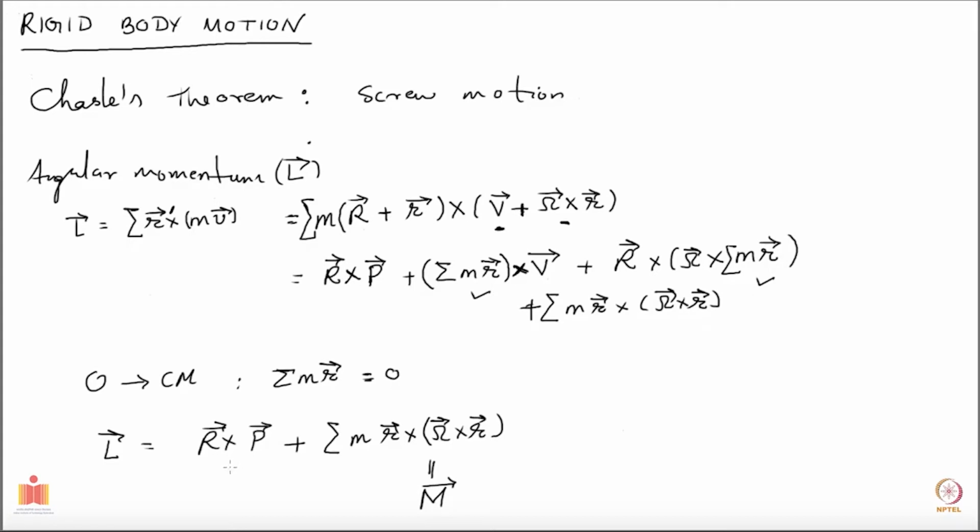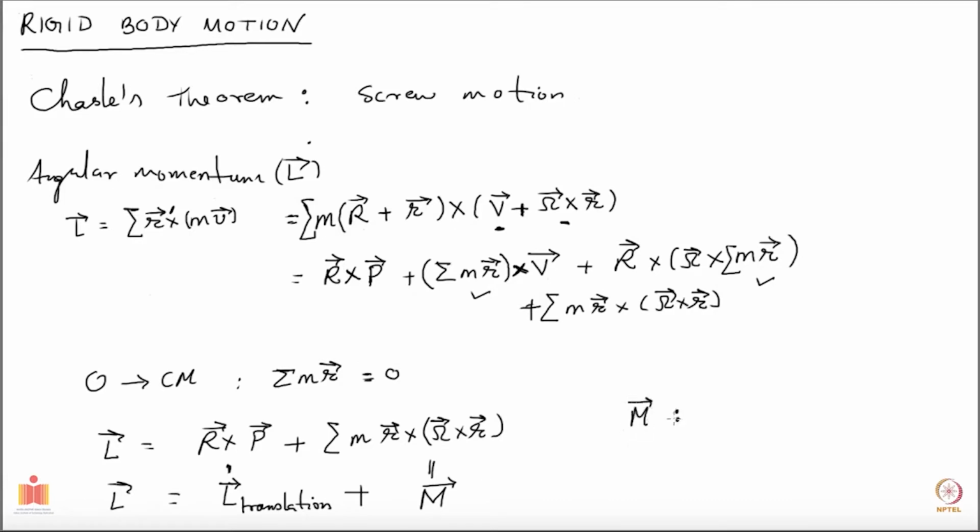Okay, and this you can call L prime or L translation. This is due to the translation of the center of mass. So my angular momentum L is the sum of these two terms. Okay, so let me write it again.